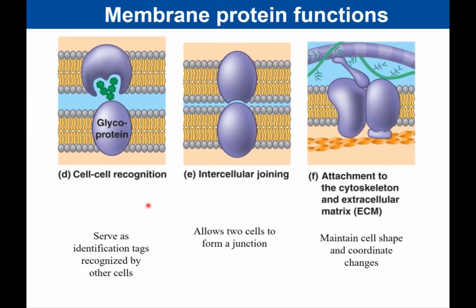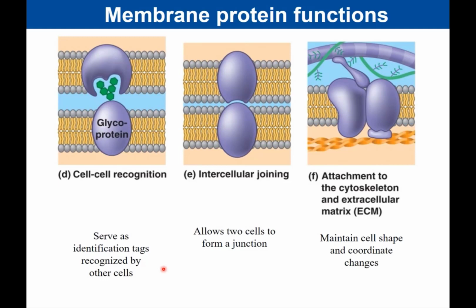Another important function of a membrane is cell-cell recognition. And this basically is going to serve as identification tags recognized by other cells. So if you remember in our cell lecture where we looked at the video of the white blood cell chasing the bacteria, you'll remember that the white blood cell didn't engulf the red blood cells.